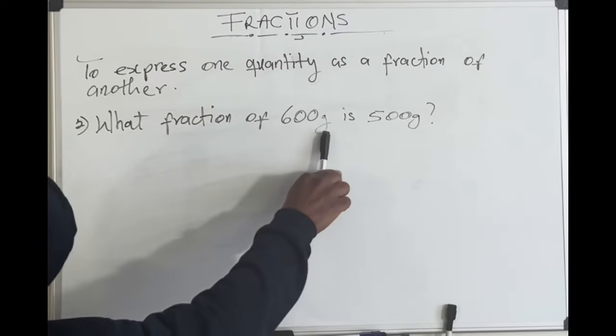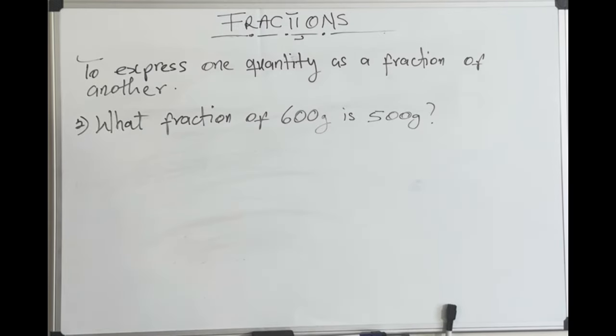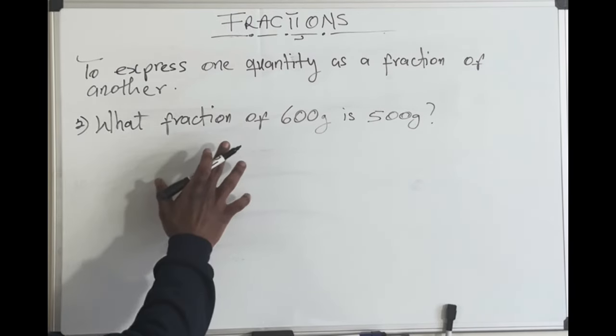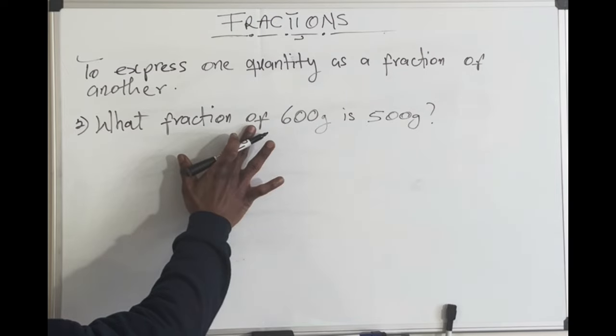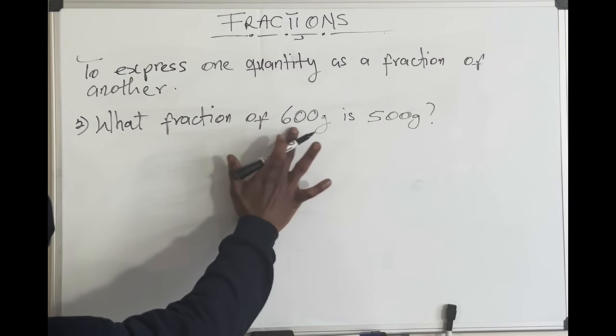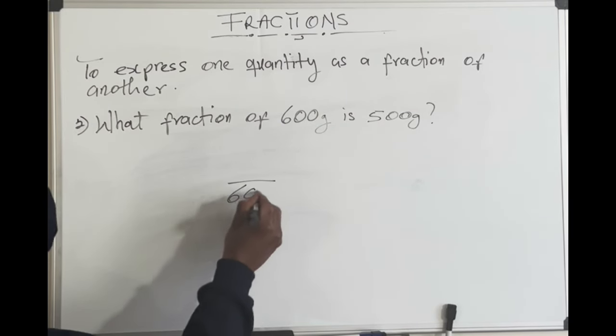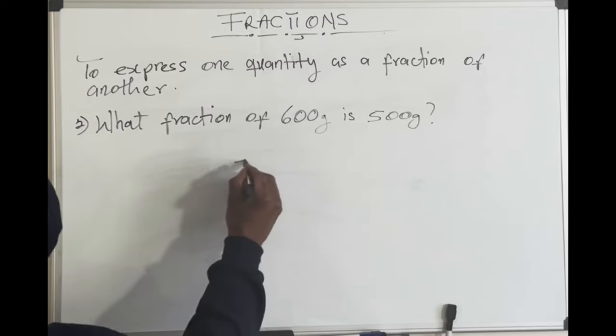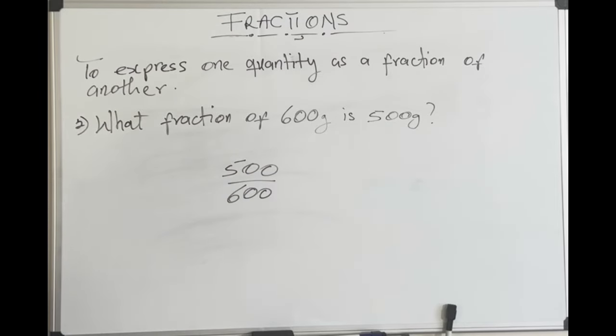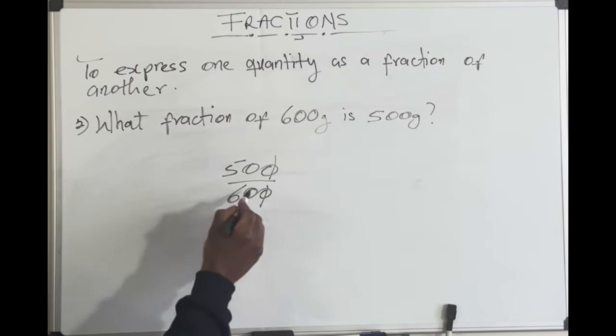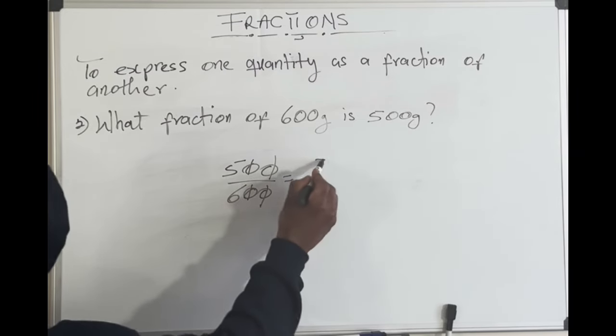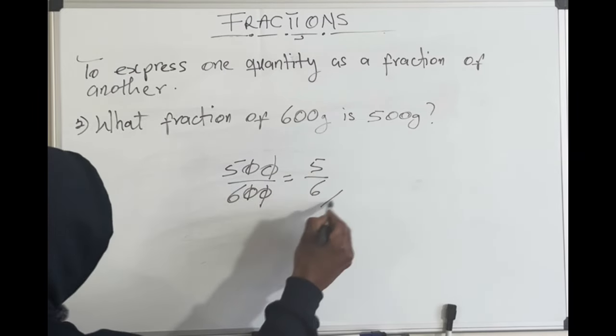This time around we have grams and grams. They are of the same unit, so we just continue working. And the second thing we need to study is that "of" is here, 600 is here, so 600 will be the denominator, and 500 will be up. Do some cancellation, 0 cancel 0 cancel, final answer is 5 over 6.